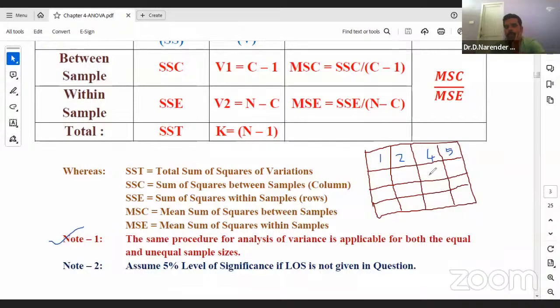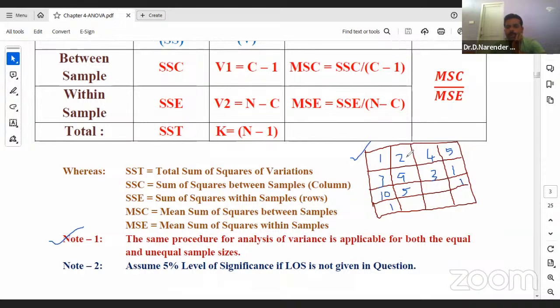The between number, that is 3, I missed here: 3, 9, 0, 1, 5, again 3, 1, 1. Observe carefully: in the first column, 1, 3, 10, 1, all values are there.